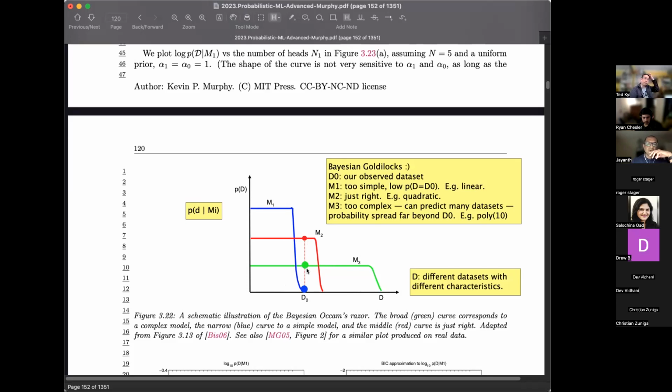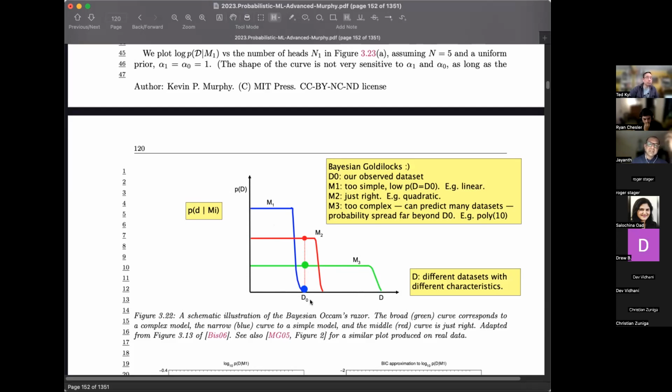If you go for a very complex model, which is shown in green here, the M3, actually, before I go to M3, let me cover M2. So if you go for a slightly more complex model, it could cover the data D0, and you could get a higher value for P of D. If you go to too complex a model, then the complexity of the model is spread out across many different data sets.